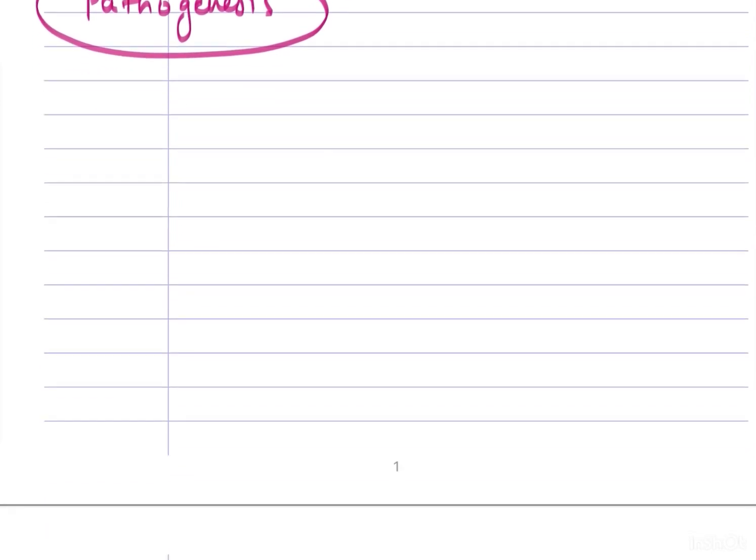Now what happens in a diabetes patient? Assume that this is a blood vessel, and this is a cell of the body.